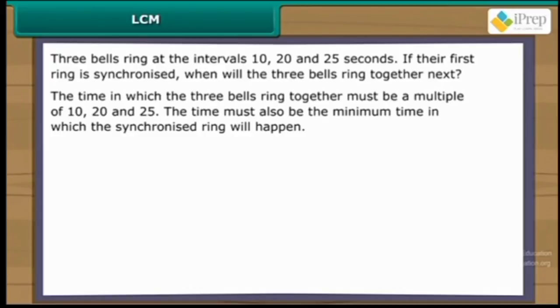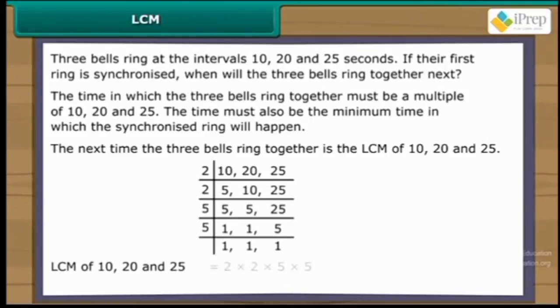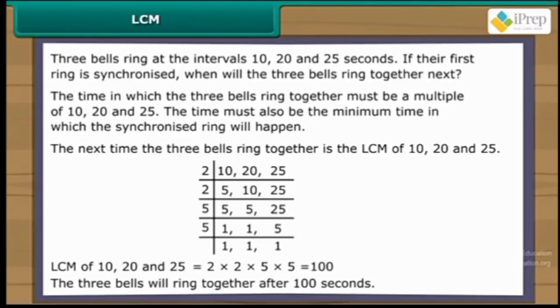The time must also be the minimum time in which the synchronized ring will happen. The next time the 3 bells ring together is the LCM of 10, 20 and 25. LCM of 10, 20 and 25 is equal to 2 into 2 into 5 into 5 is equal to 100. The 3 bells will ring together after 100 seconds.